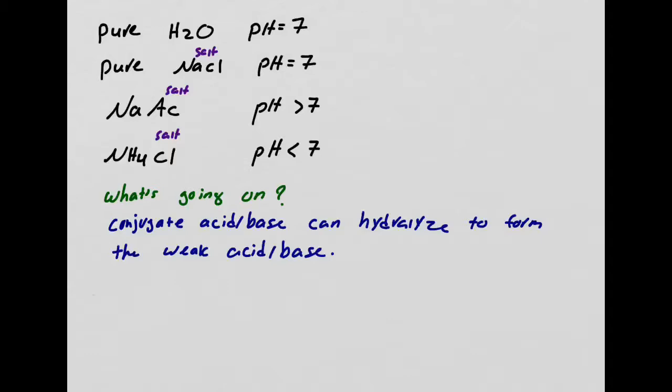So now let's look at these conjugates to see what is going on. We call it hydrolysis. The conjugate acid and base can hydrolyze to form weak acid or base.